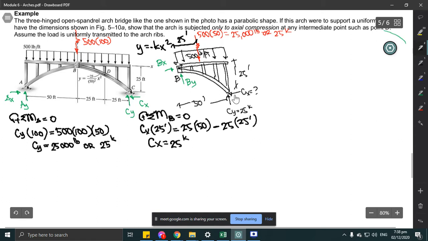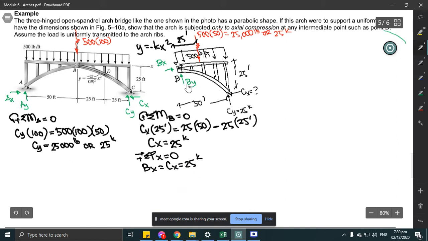Okay, so once we have the value of your Cx, by considering this section or this part of the arc structure, by taking summation ng forces ng X, I could say that yung Bx mo is equals lang sa Cx, or that is 25 kips.